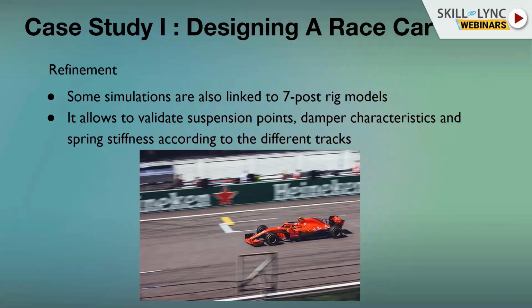So you have rigs on each wheel of the car, and it basically tests all the vibration frequencies of your car, for the chassis and also the unsprung masses. And it allows you to directly know if your suspension model is correct for the circuits you will visit.